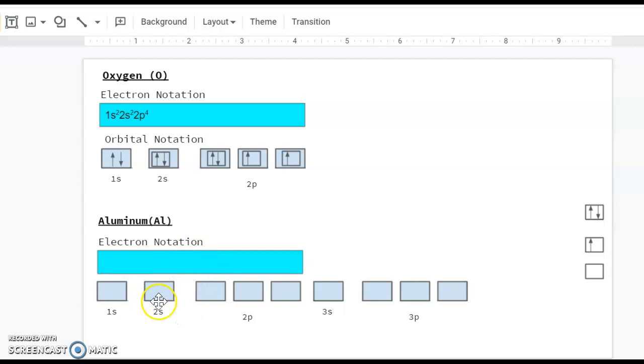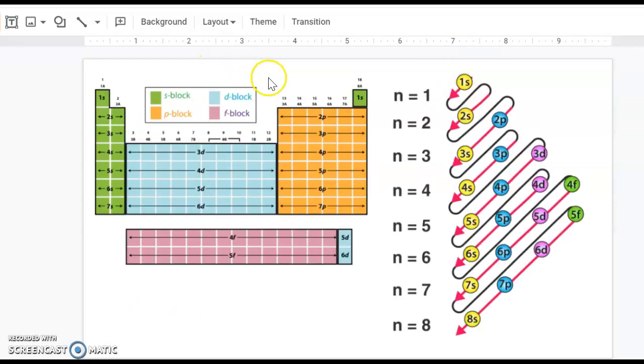Let's try the other method for our aluminum right here, the zigzag way. Aluminum is in the 3rd energy level, and it's in group 3, so it's going to be right here where my cursor is. We're going to zigzag down until we add up to 13 electrons.